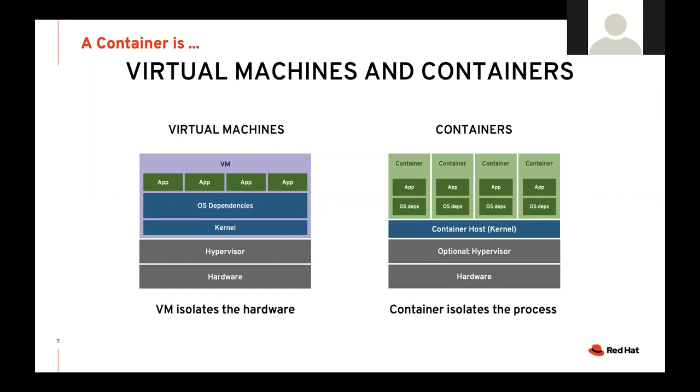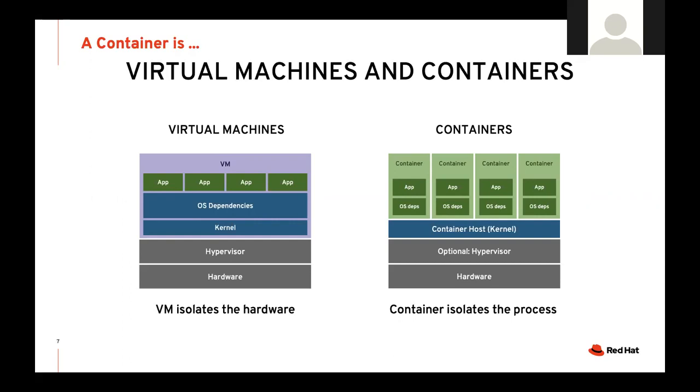Now, this model of virtual machines has served its purpose, but it's not optimal for the new cloud-native approaches, where you want to quickly develop an application, quickly develop software, quickly provide services, and then update these services, continuously upgrade them, and innovate on top of them.